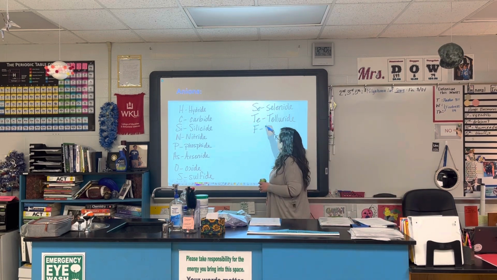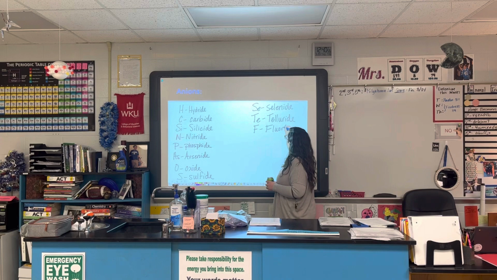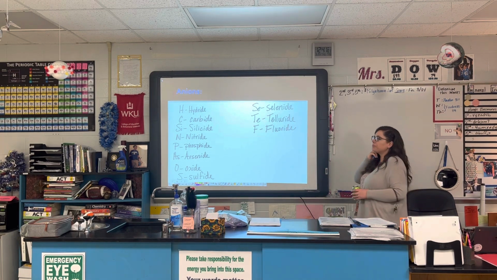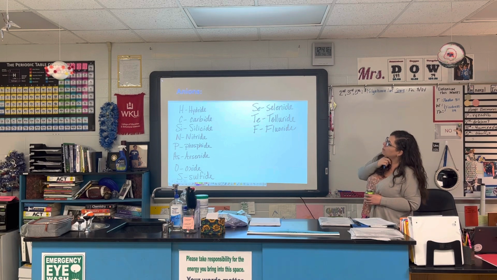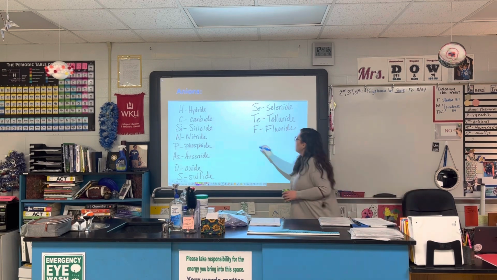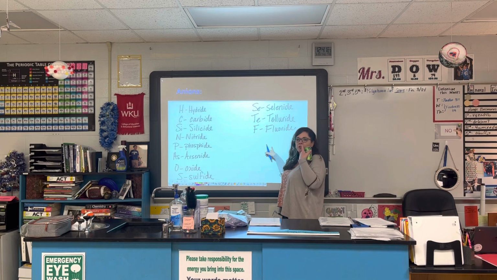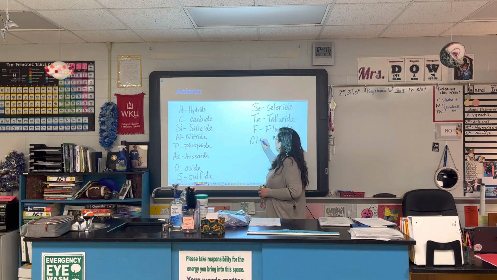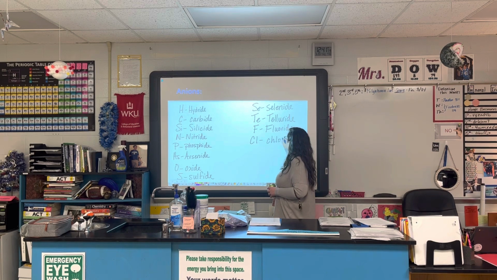Fluorine becomes fluoride. So that's what's in your toothpaste. That's what helps you get your teeth white. If you go to the dentist, they put like fluoride on your teeth before you leave. Bro, that stuff be tasting so weird. Yep. Chlorine becomes chloride.